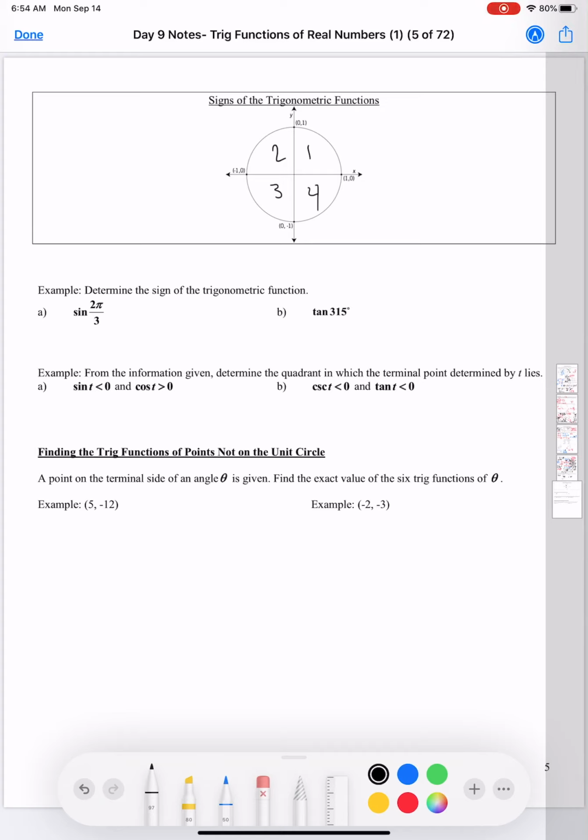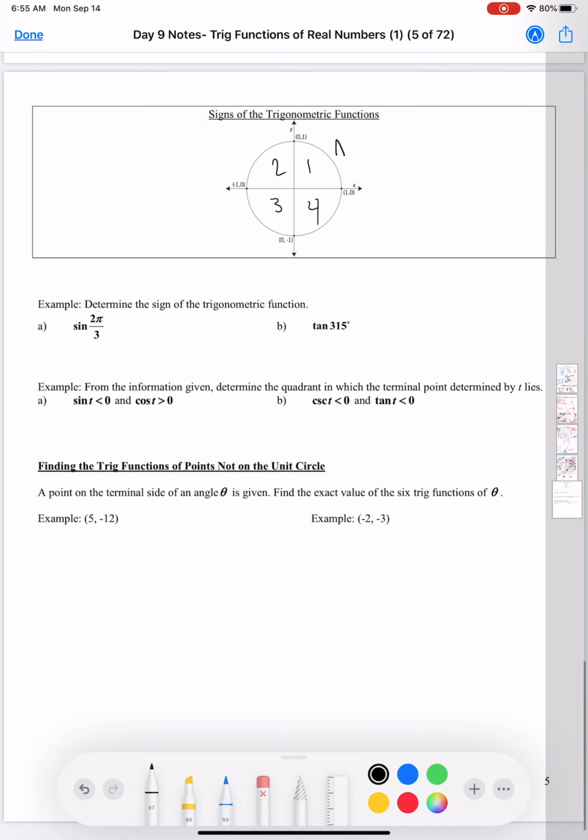So if sine and cosine are both positive, tangent must be positive, which then means that all of their related trig functions, secant, cosecant, cotangent, are also all positive. So all trig functions are positive here. That's because no matter what, any point on this circle, to get to it, we're going to have to go in the positive x direction and the positive y direction.